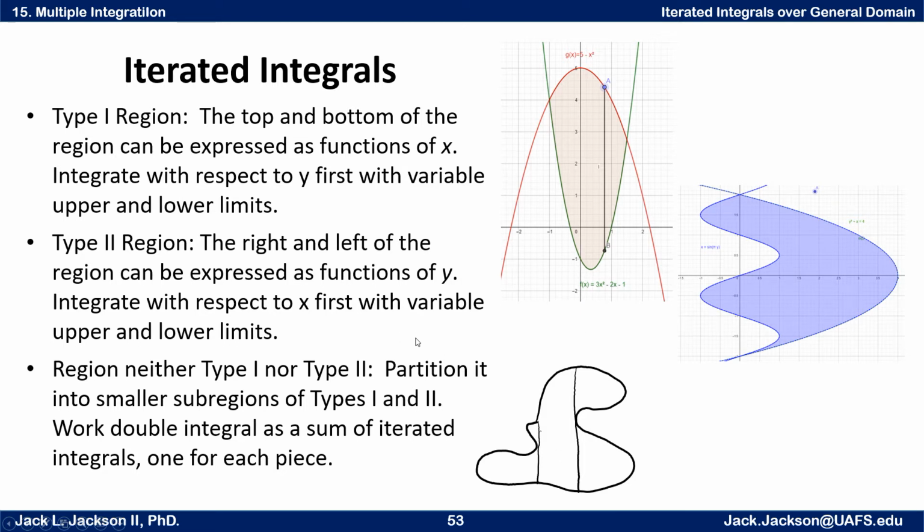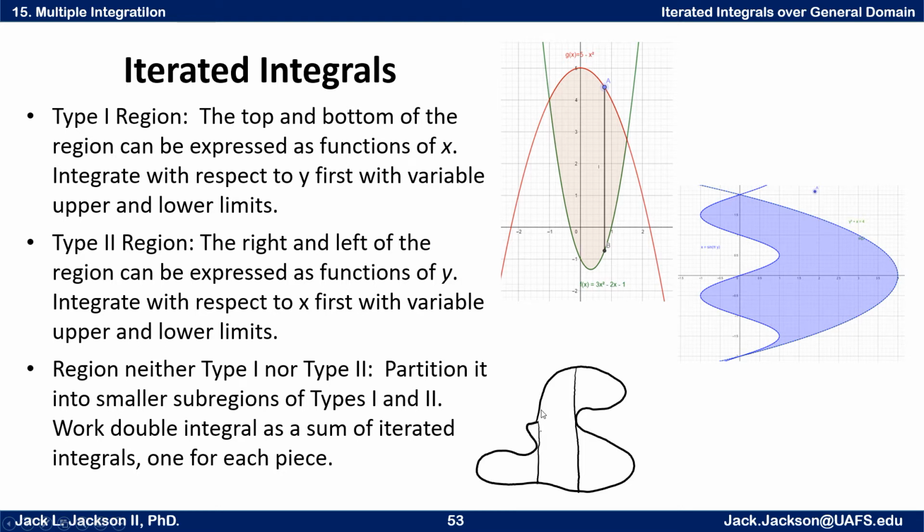Sometimes you can get a region that's neither type 1 nor type 2, like the interior of this funny looking shape here. The way to handle that is to partition it into smaller regions. Say where I've drawn these little curves in the middle, pretend those are vertical lines, then this region might be described with this curve on top and this one on the bottom, a type 1 region.